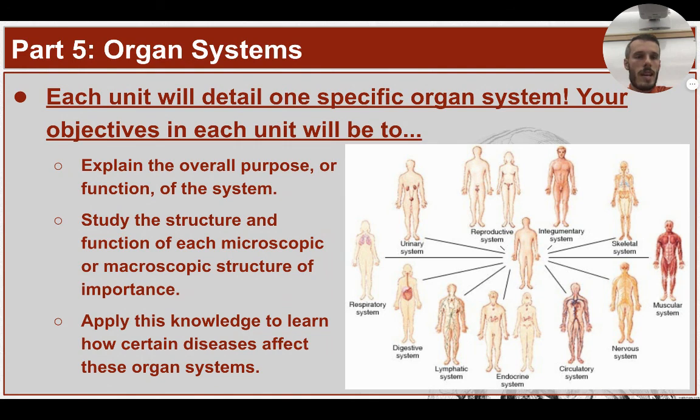So we're going to study each of the structures, the big organs, as well as the microscopic structures that make each of the organs, in order to know and understand the functions of the system. Okay, so our goal is to learn about each of these systems, the structures and the functions, and then apply what we know about the systems to discuss certain diseases that affect each of these organ systems.